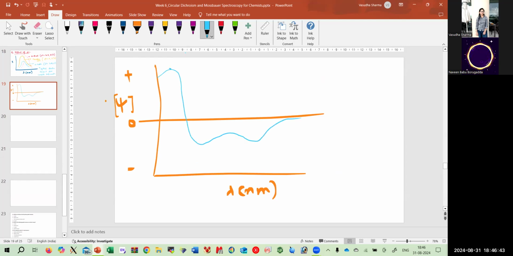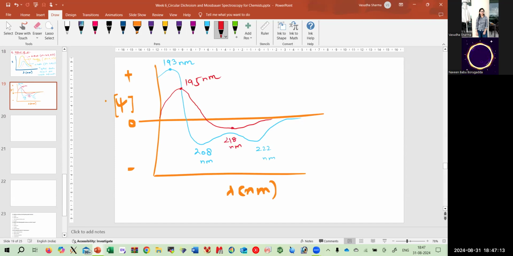So this is at 193 nanometer, this is at 208 nanometer, this is 222 nanometer. Now for the beta one, we will have around the similar region, but with a little shift and going to a broad region. So this is around 195 nanometer, and this is around 218 nanometer.